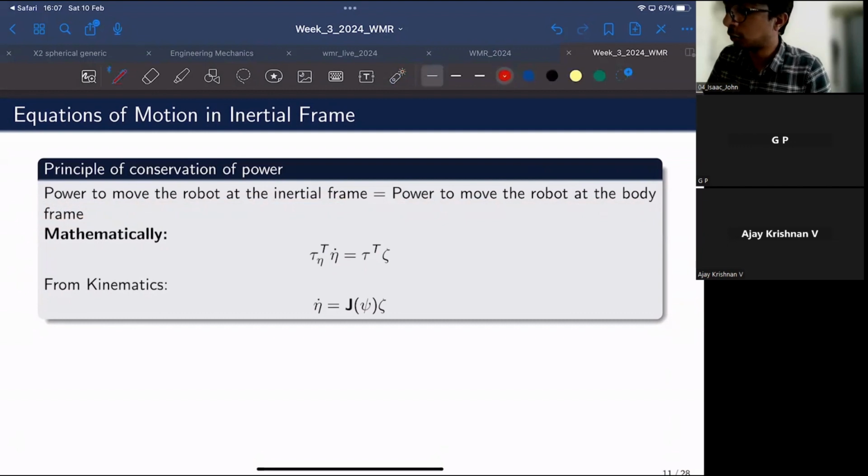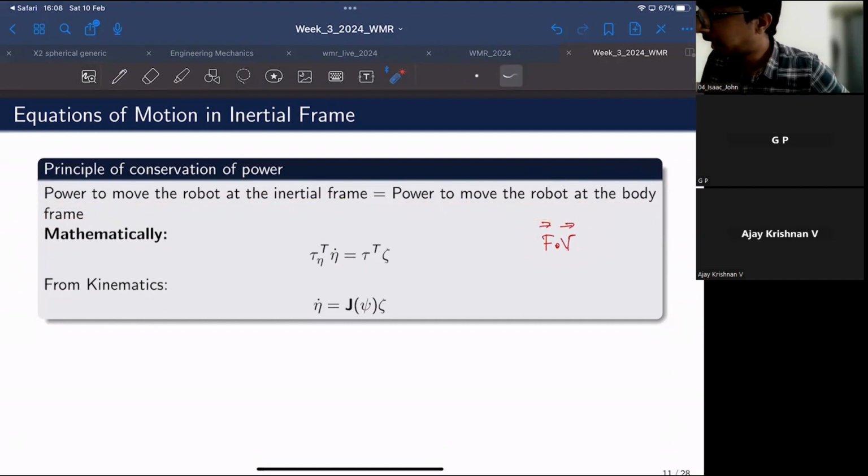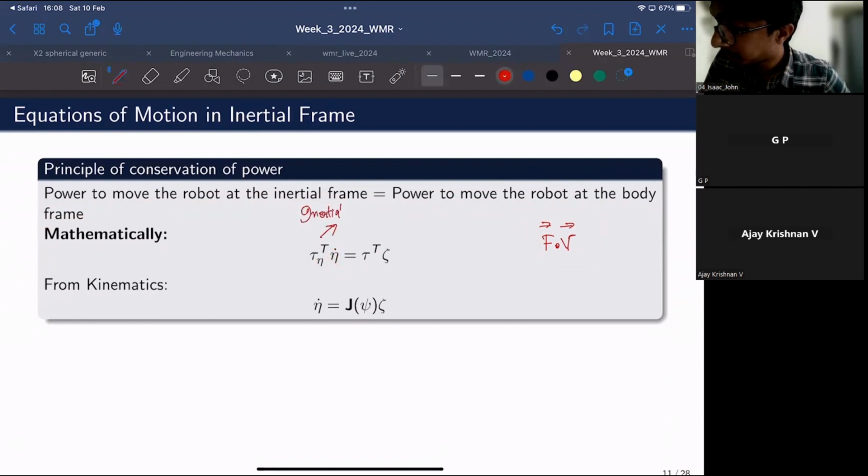You also know that power is nothing but the dot product of force or torque and velocity. Power is a scalar quantity. It's the dot product of force and velocity, and you can represent the dot product using matrix and vector operations. So tau transpose eta dot is the power in the inertial frame of reference, and this is in the body frame of reference.